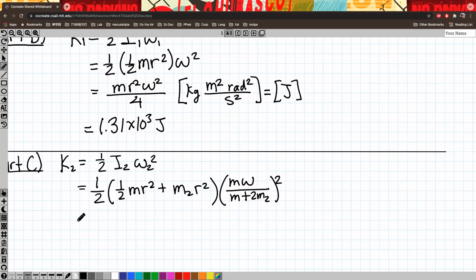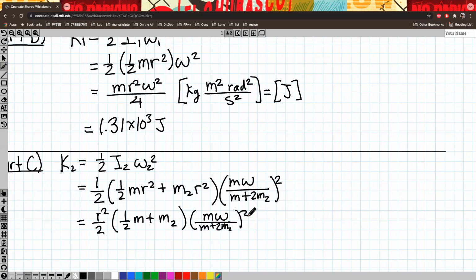Let's see if we can simplify this. We could factor out the r, right? So we have r squared over 2 times 1/2 M plus m2 times M omega over M plus 2 m2 omega, squared.